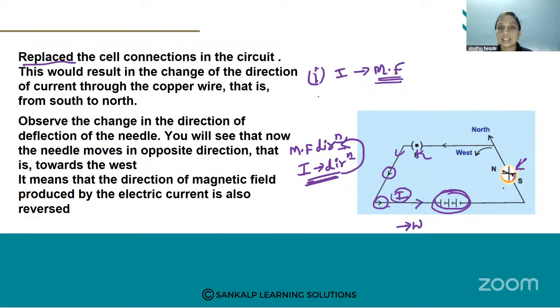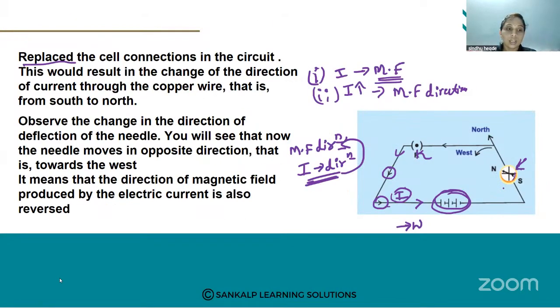Then what is the second concept? It is also very important in a circuit. When the direction of flow of current changes, the magnetic field direction is also changed. These two concepts are very, very important.